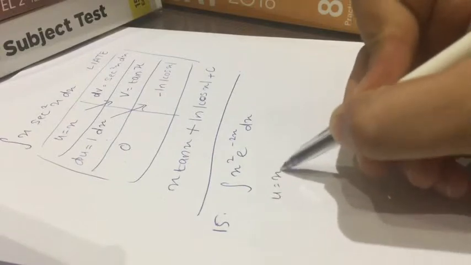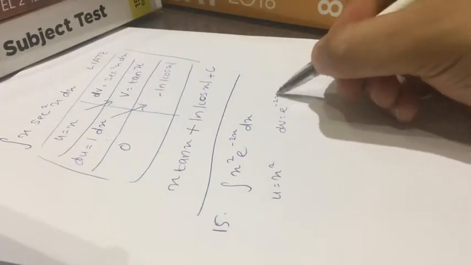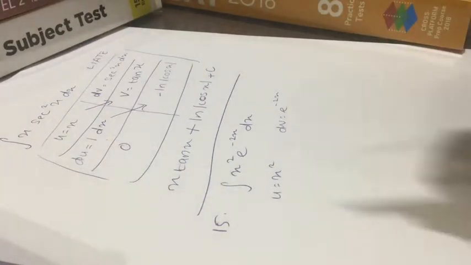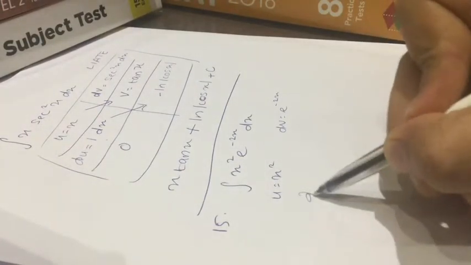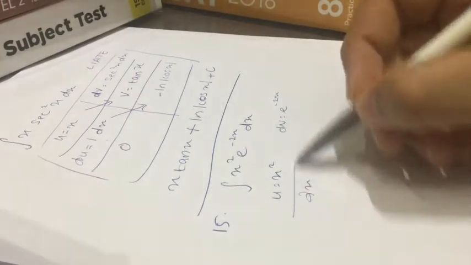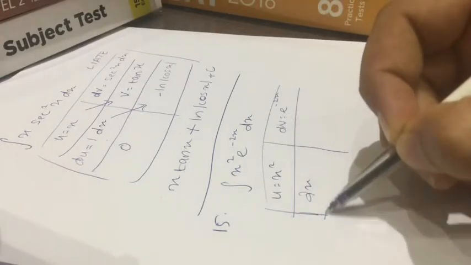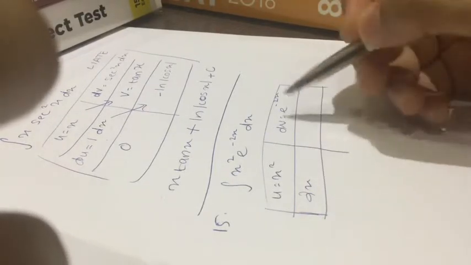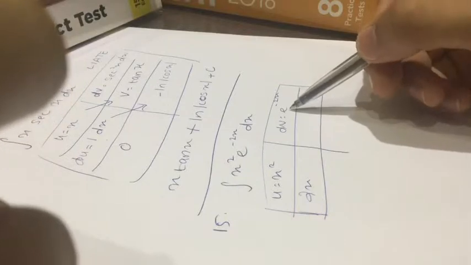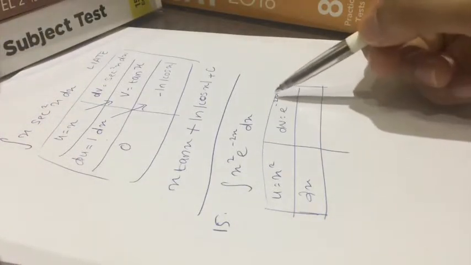So u equals x squared, dv equals e to the power of negative 2x. Now we'll take the derivative of this one, it will be 2x, integration of this one, take a table.